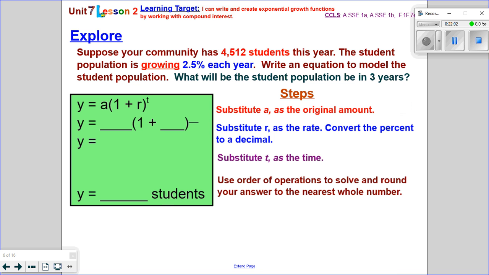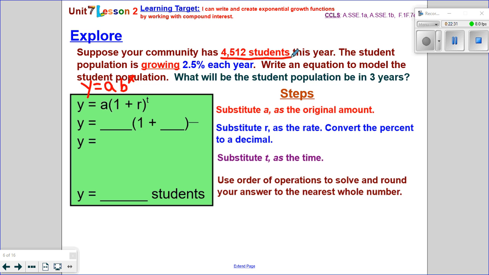So let's just explore this together. I put steps on the right-hand side, and I put a nice green box on the left with the formula. But remember, this all stems from y equals a times b to the x. Okay, suppose your community has 4,512 students.